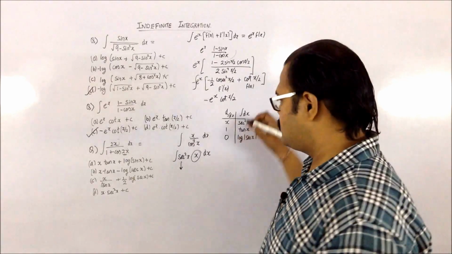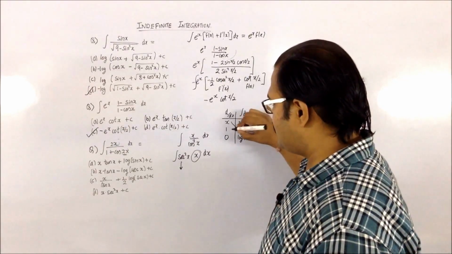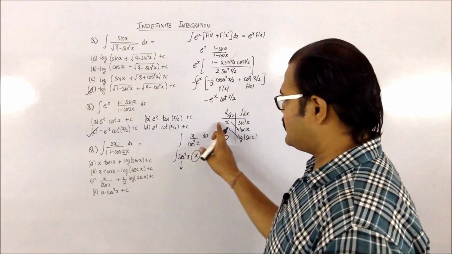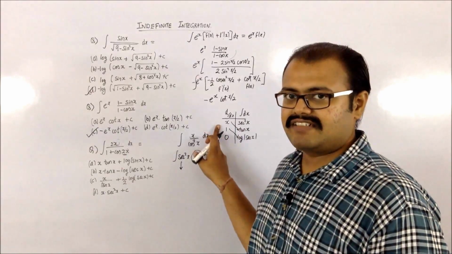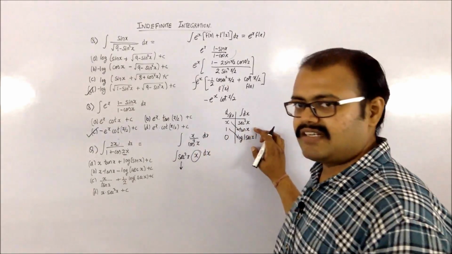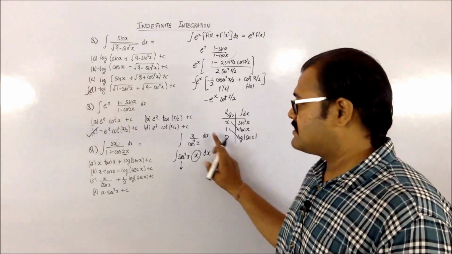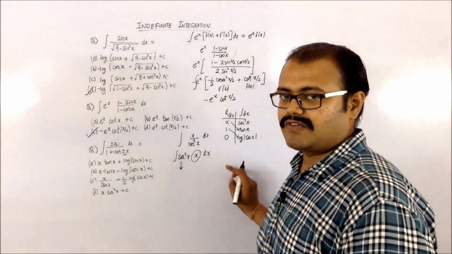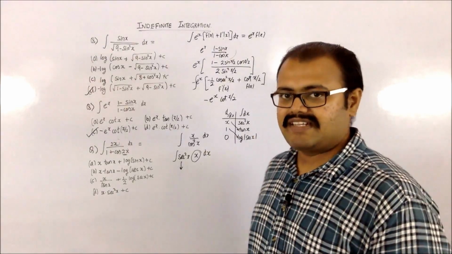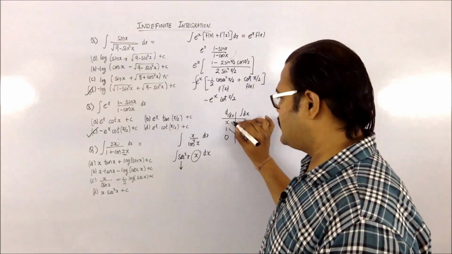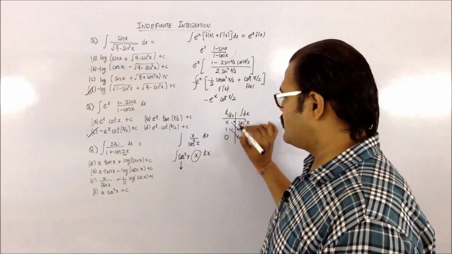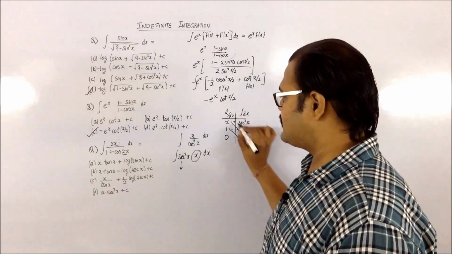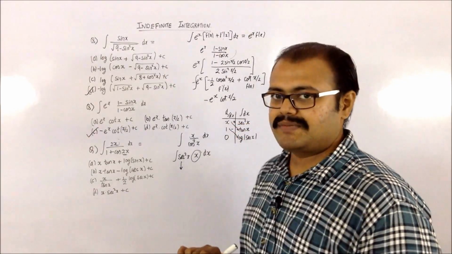Now you have to draw these arrows. Your arrows will start from the first element of your derivative to the second element of your integration, the second element to the third element to the fourth element, and so on. Once the arrows are drawn, you give the signs. This positive sign indicates that the product of this is going to be positive.